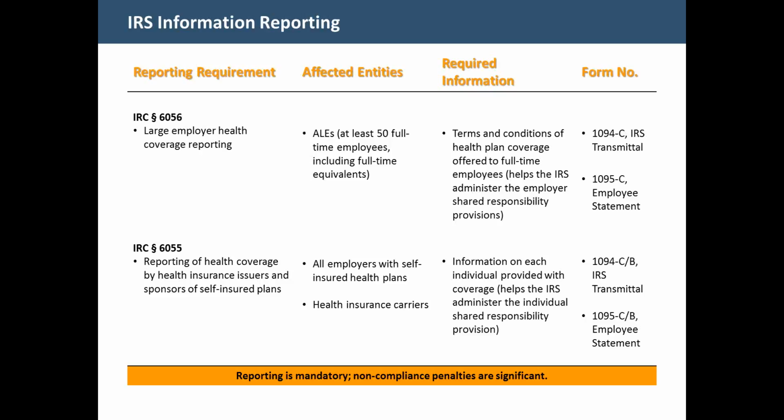This will help the IRS to administer the individual shared responsibility provision. And the forms that are used for this purpose are Form 1094-C or B, which is the IRS transmittal, as well as Form 1095-C or B, which is the employee statement.